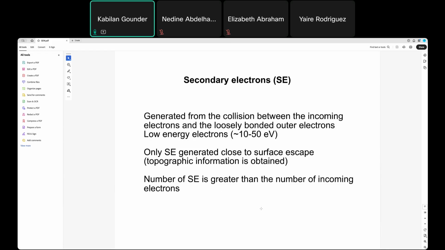The secondary electrons generated close to the surface escape. Once they strike the sample, they are bounced back, so that you will get detailed topographic information. The number of secondary electrons is always greater than the number of incoming electrons.